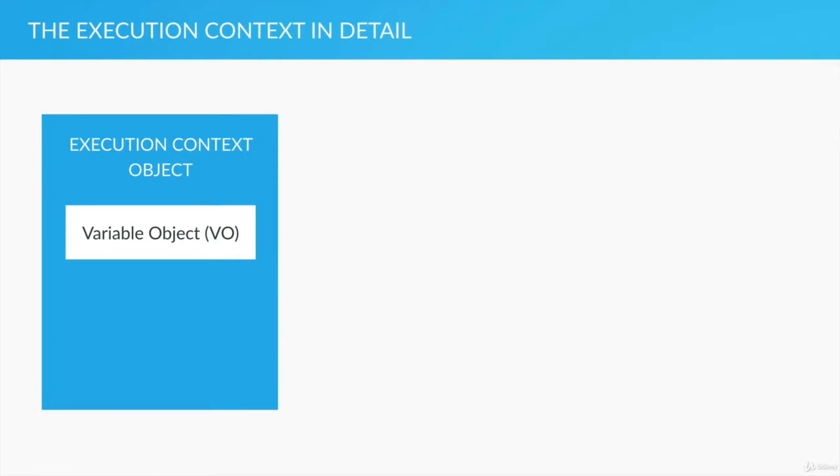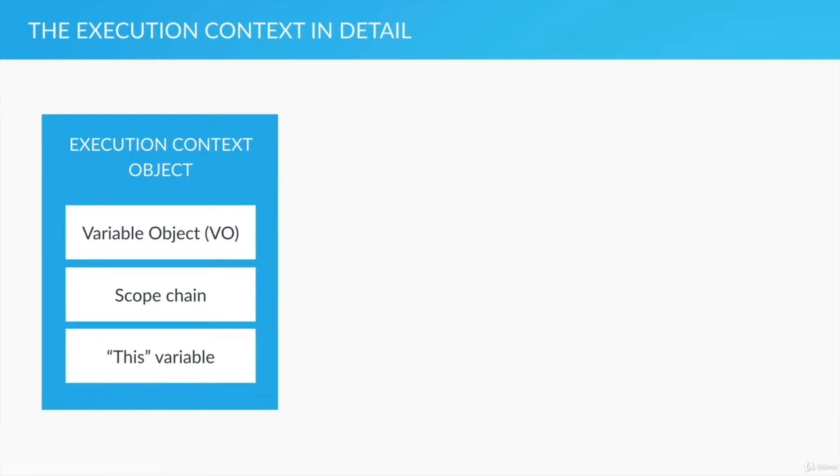The variable object, which will contain function arguments, inner variable declarations, as well as function declarations. The scope chain, which contains the current variable objects, as well as the variable objects of all its parents. And the this variable, that we have already seen in action in the introductory lecture about objects.